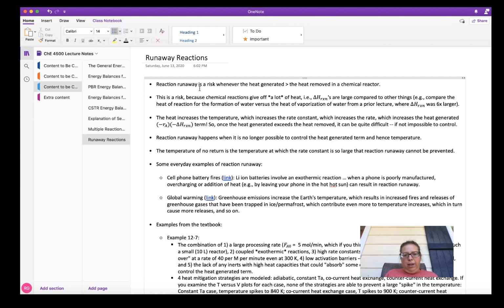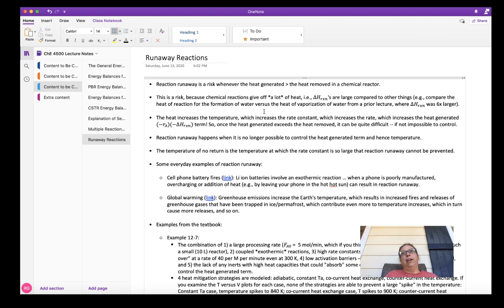So reaction runaway, there's a risk whenever the heat generated term is greater than the heat removed term. And this is because reactions give off a lot of heat. So we've already looked at delta H of reactions, heats of reactions, and showed that they are a lot larger than heat given off from other quantities.